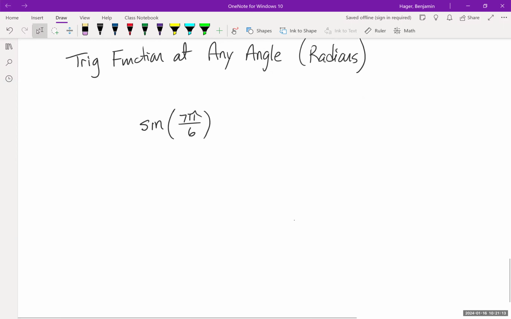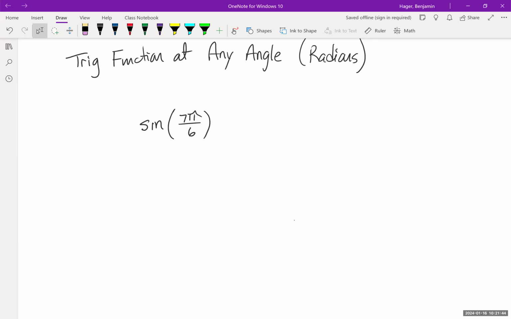Remember, radians really are the best way to work with our angles, and they are the standard moving forward in mathematics and sciences. So make peace with radians and really get used to taking advantage of all they have to offer. If you're trying to evaluate a trig function and you're not going to plug it into the calculator, if it's an angle we can identify from the unit circle, we want to identify the reference angle.